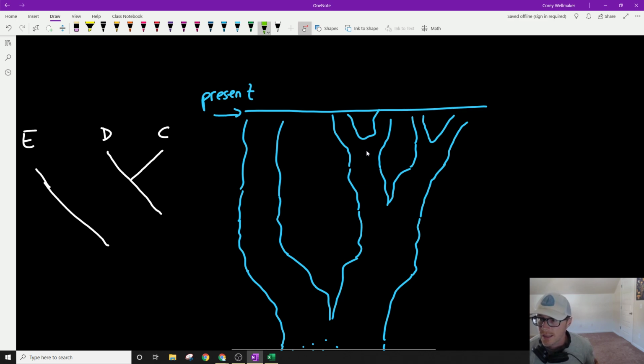Now we can go through and label the ancestral population. Here was the ancestral population for this group right here, let's call this group C and D. And here was the ancestral population for this group that would eventually split and lead to A and B. Now in my cladogram, it doesn't matter where I put A and B and C and D, as long as I put them branching off of the same ancestral population.